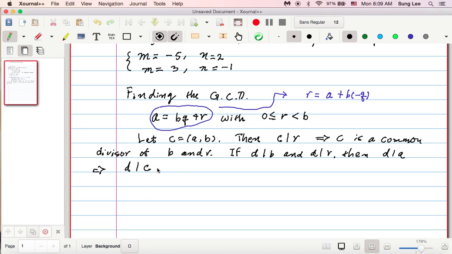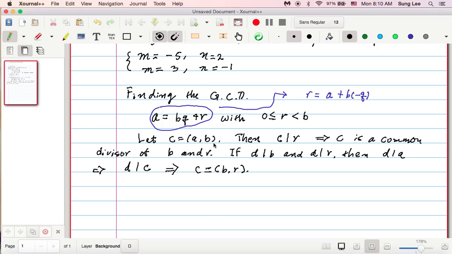So we know that c is a common divisor of b and r, and any other common divisor d must divide c, so c is also the greatest common divisor of b and r.